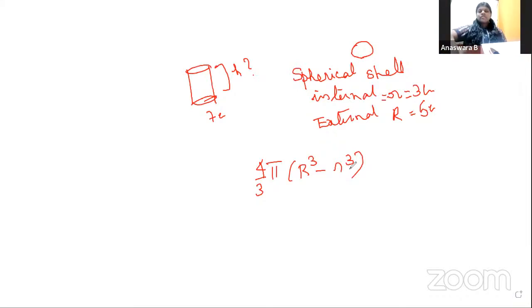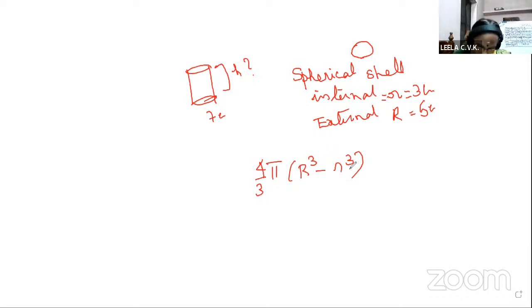Okay. Then what do we have to write now? So this is 4/3 pi into R cube minus r cube. I'll write the calculation here. 4/3 into pi, we will keep pi as it is and simplify afterwards.